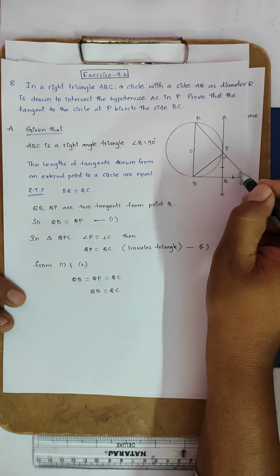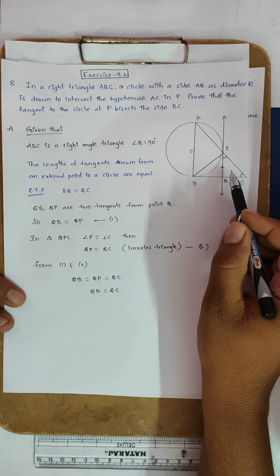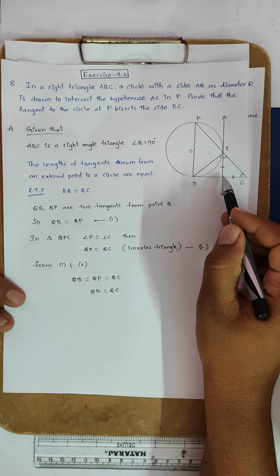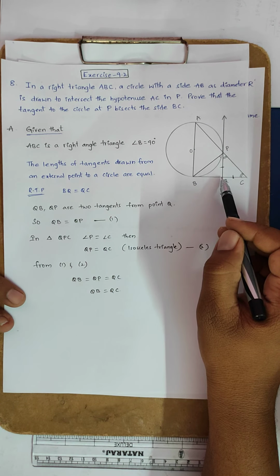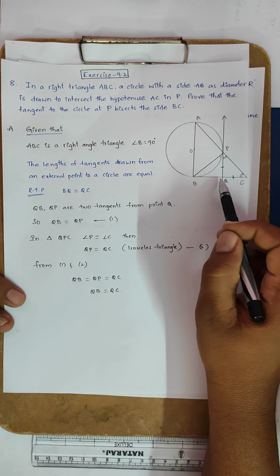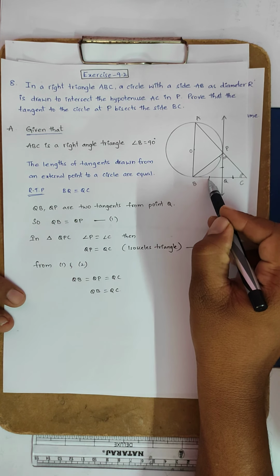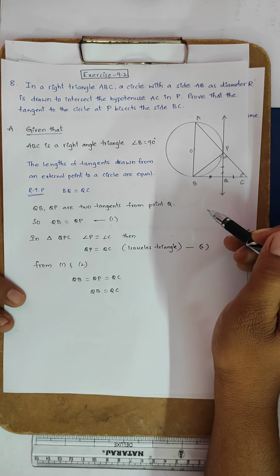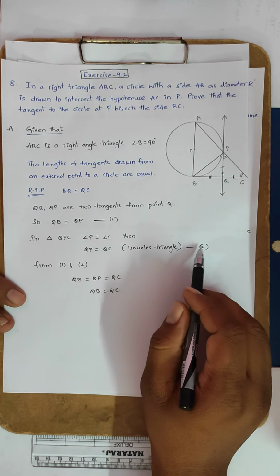Using these two lines we can confirm that this side is equal to this side, and using the external point to a circle, tangents QB equal QP. Got it? So this is the second equation.